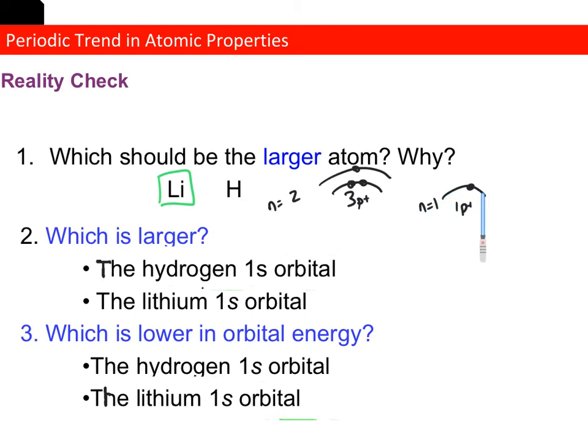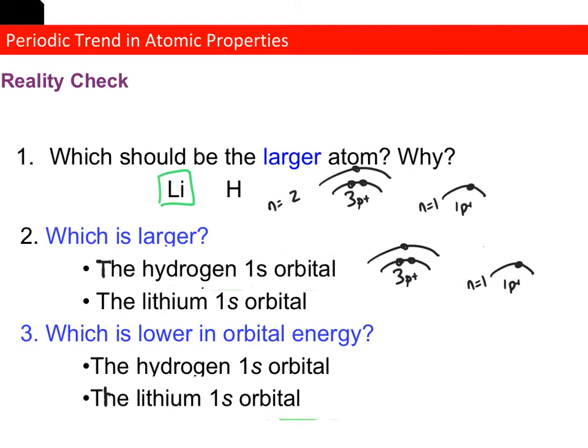It has no electrons shielding this electron from the nucleus. It's got a free path right to the nucleus, so there is no shielding. So the reason is that lithium experiences shielding and its valence electron is on a higher energy level, whereas hydrogen experiences less shielding, in fact no shielding at all.